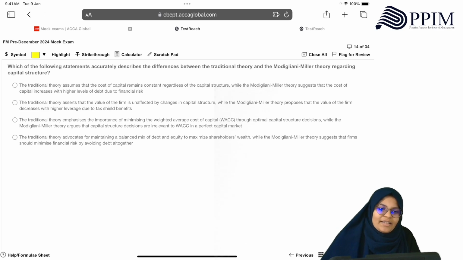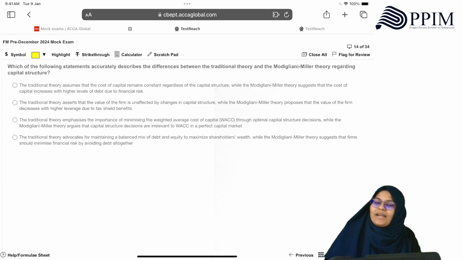C is saying the traditional theory emphasizes the importance of minimizing the WACC through optimal capital structure decisions. That is true. We try to minimize the WACC by keeping our optimal capital structure, while the Modigliani and Miller theory argues that capital structure decisions are irrelevant to WACC in a perfect capital market. So if you take M&M without tax, if they are talking about tax, they will say M&M with tax.